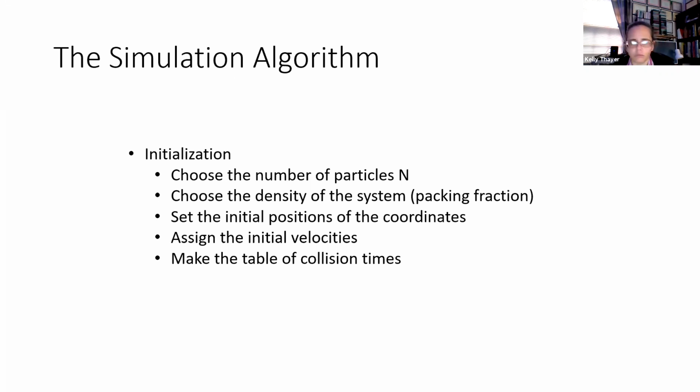Another way that we could do it is to put the particles on a lattice. Oftentimes we think of a crystal as having a lattice. For example, think about sodium chloride, table salt, the stuff you sprinkle on your food, right?